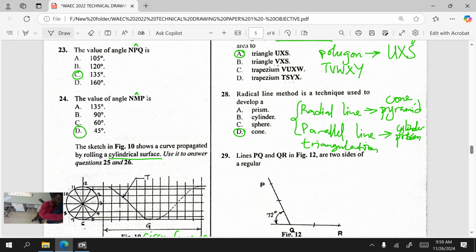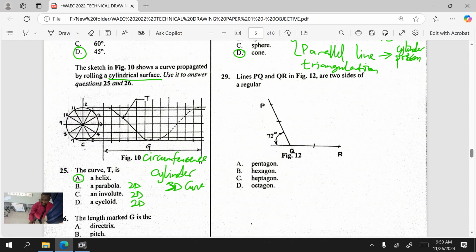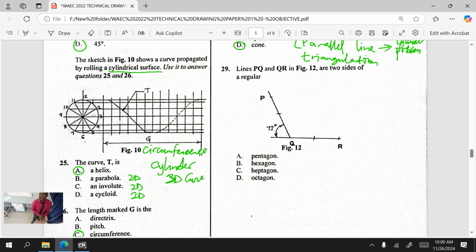So number 29. Line PQ and QR in figure 12 are two sides of a regular what? Good. I've treated this once before. So this angle you are looking at outside, first thing you ask yourself, is it internal or external?